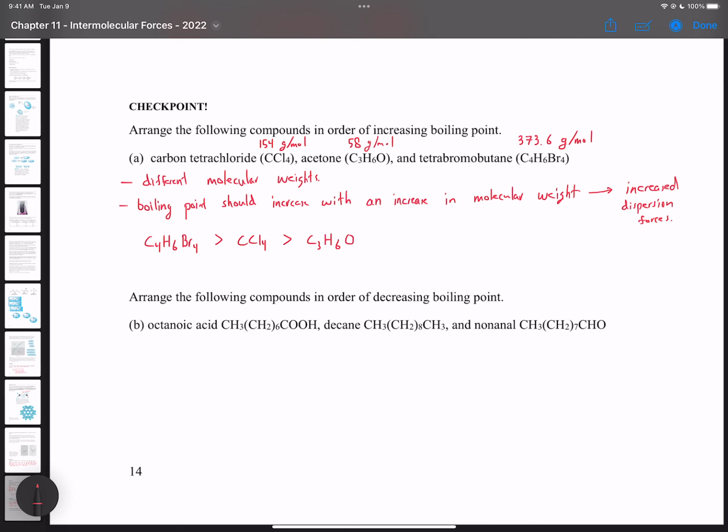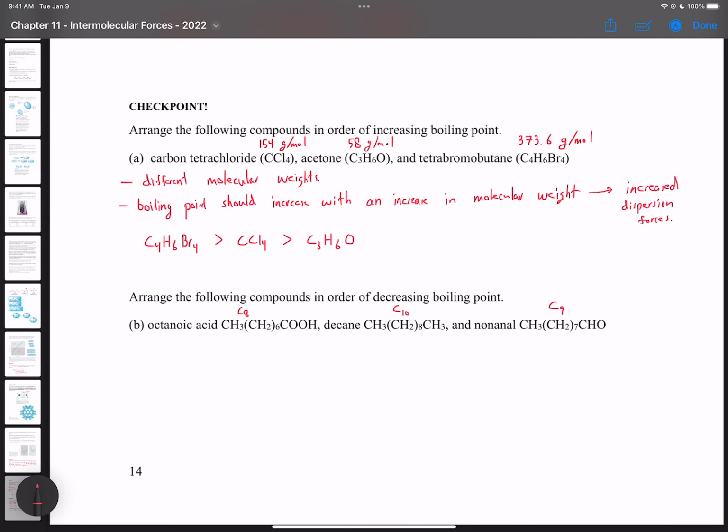Now let's do the last example where we arrange the following compounds in order of decreasing boiling point. Okay? So these molecules have similar molecular weights if you think about it. This has 8 carbon atoms, C8. This is C10, decane. And this is nonane, this is C9.